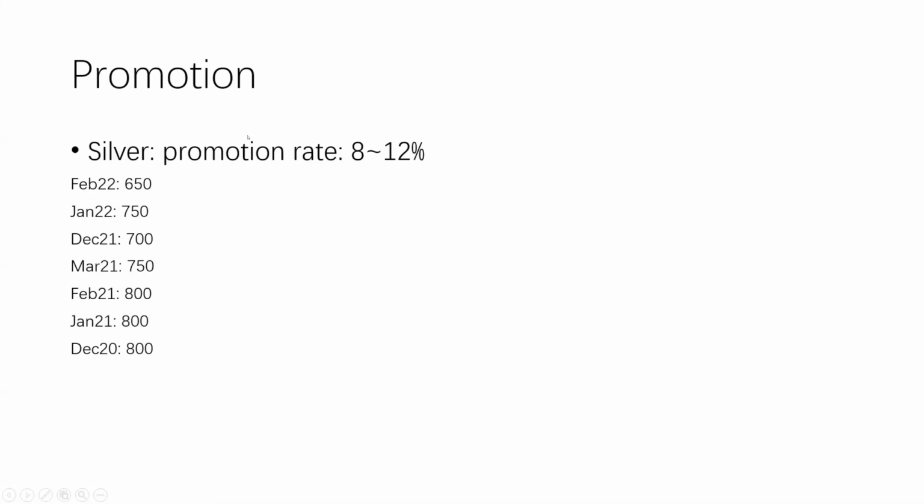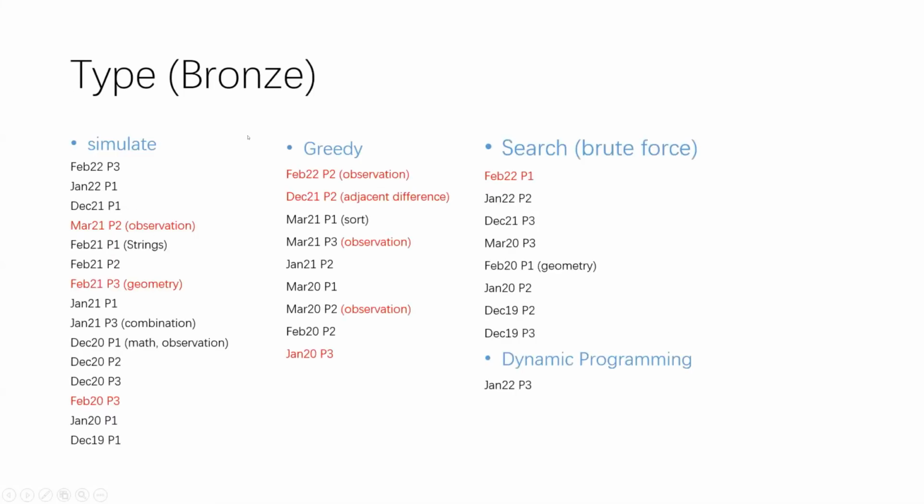First, I reviewed the bronze problems and I classified them. There are 4 major types of bronze problems. The first is simulate. What does simulate mean? It means there is no specific algorithm or specific method.